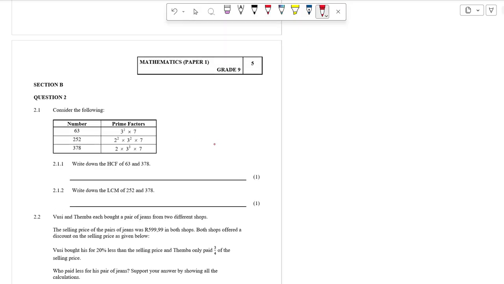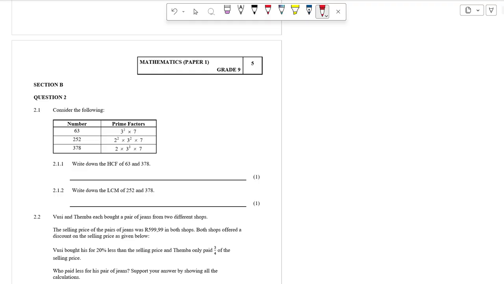Now they say consider the following numbers written with prime factors. Write down the highest common factor of 63 and 378.